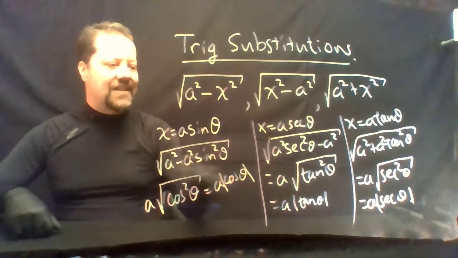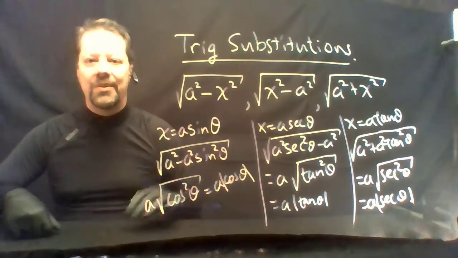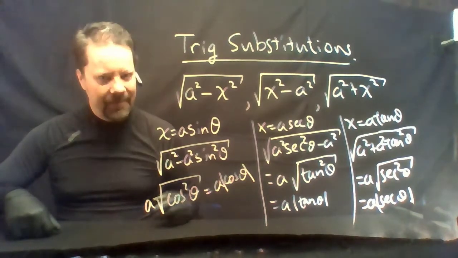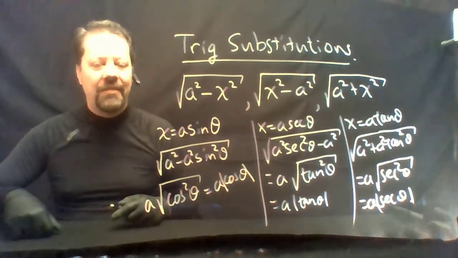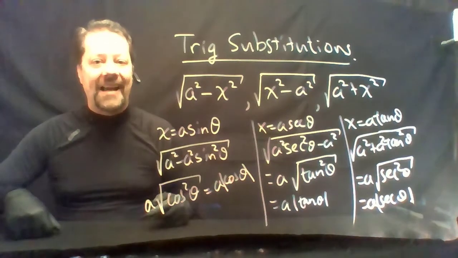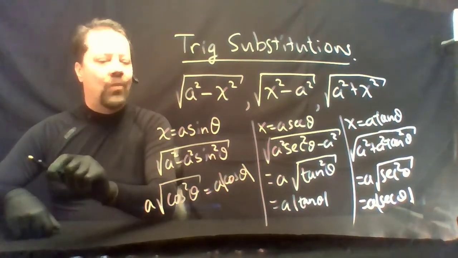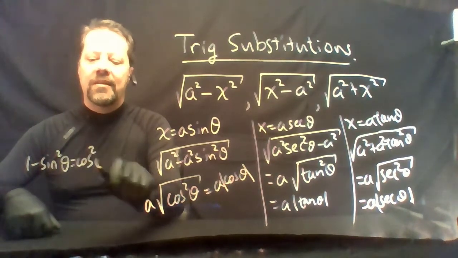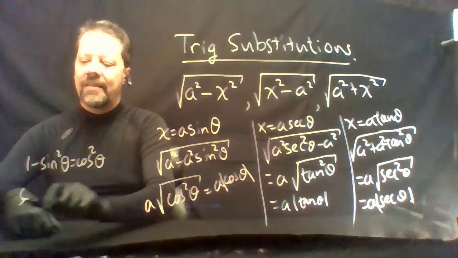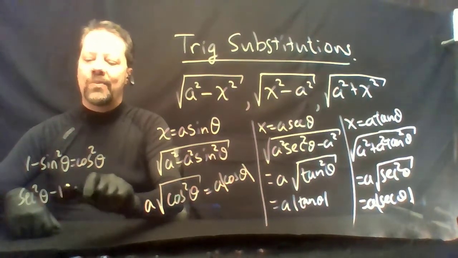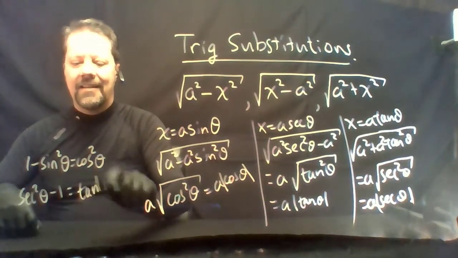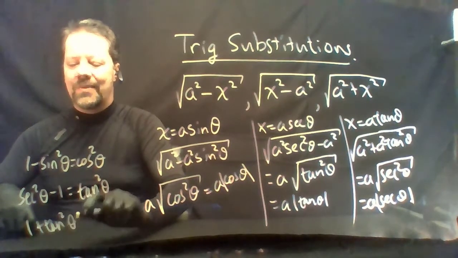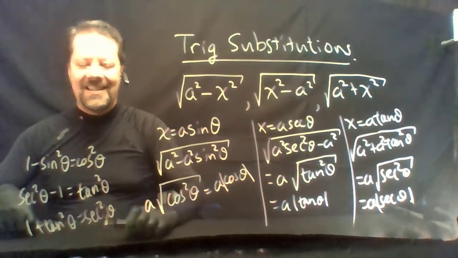So in each case, we can get rid of the square root by making an appropriate trig substitution. That trig substitution requires the use of one of the Pythagorean identities, either 1 minus sine squared theta is cosine squared theta, or secant squared theta minus 1 is tan squared theta, or 1 plus tan squared theta is secant squared theta.